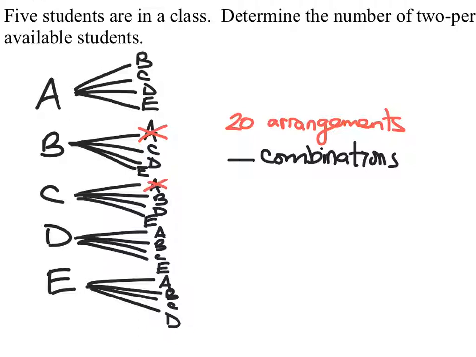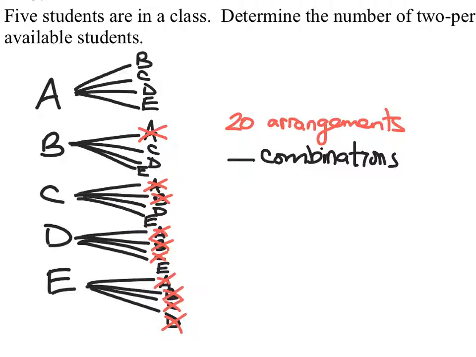AD, so I don't need DA. AE, so I don't need EA. BC, so I don't need CB. BD, so I don't need DB. BE, so I don't need EB. CD, I have, so I don't need DC. CE, so I don't need EC. DE, so I don't need ED.